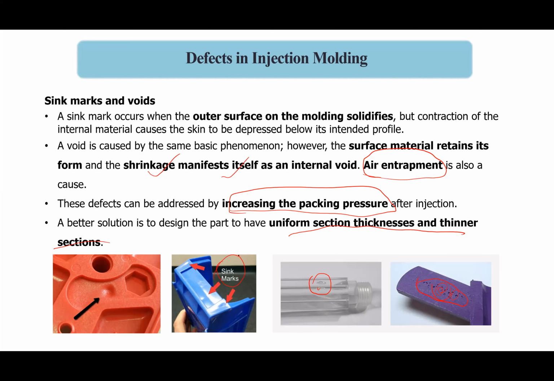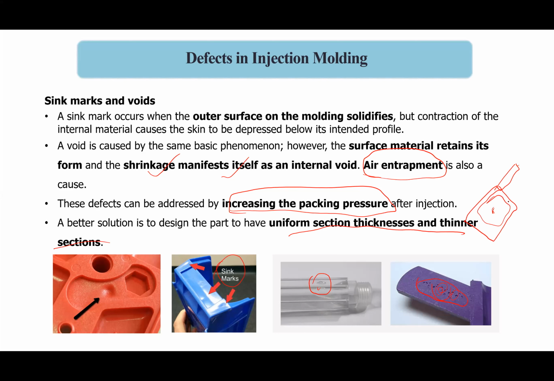If a product has different thicknesses at different places, then there is a possibility of this, because the small thickness gets solidified very soon, but the larger thickness takes time for solidification. The outer surface gets solidified, but the inner surface solidifies later.